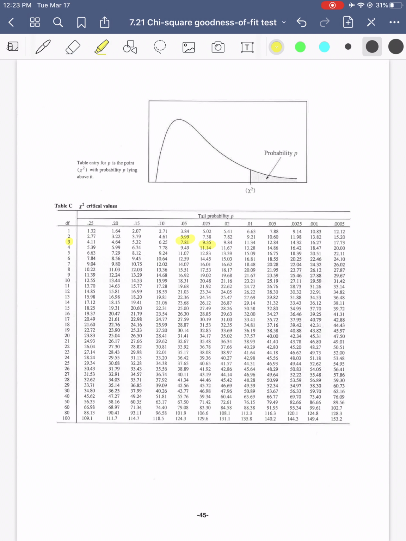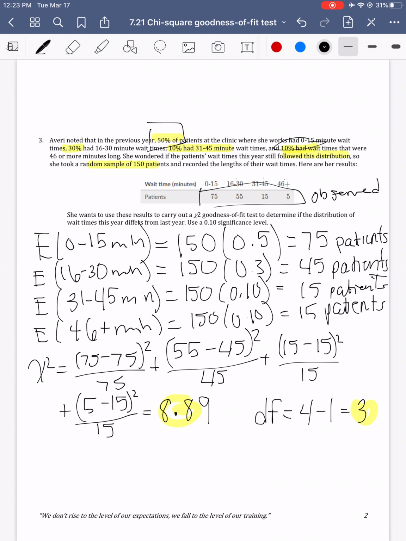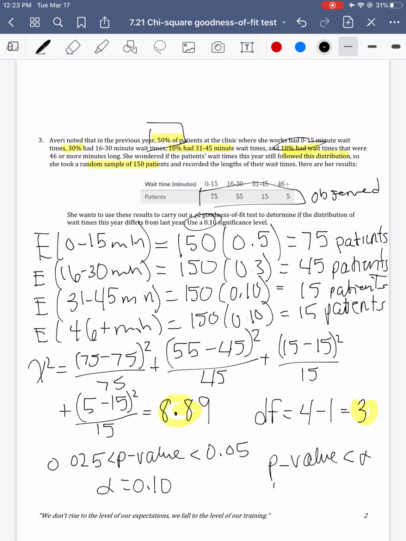That's going to be between here and here. So I go to the top, and my p-value is going to be between 0.05 and 0.025. And our alpha was 0.10. So that means that our p-value is definitely less than alpha, so we reject the null.